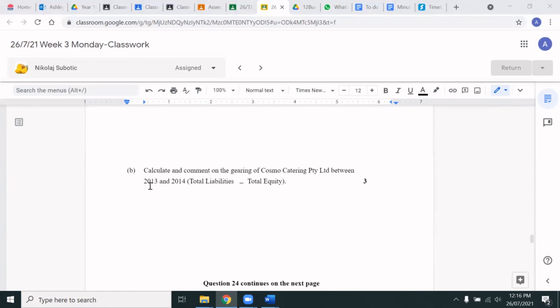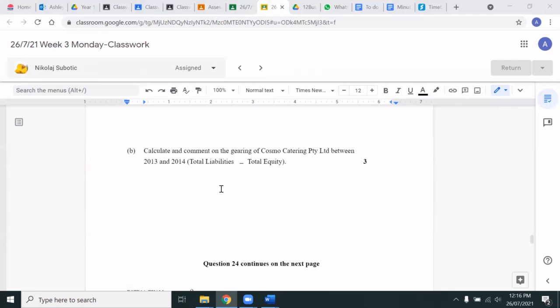That means that for 2013, 200% means that there is 2 times as many liabilities as there was equity, or for every $2 of liabilities, there is $1 of equity. In 2014, where it was 100%, we would say for every $1 of liability, there is $1 of equity.